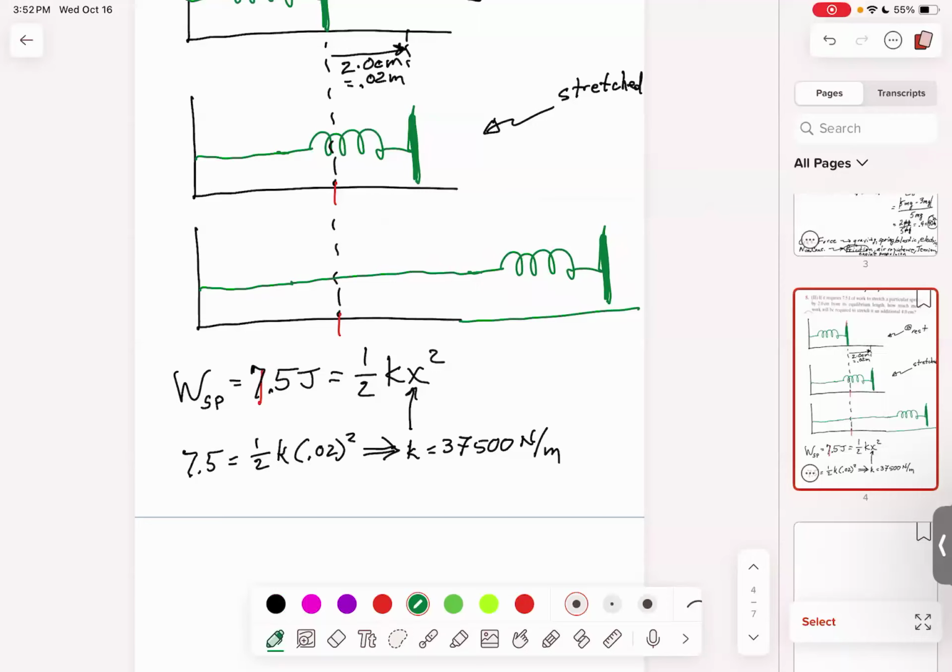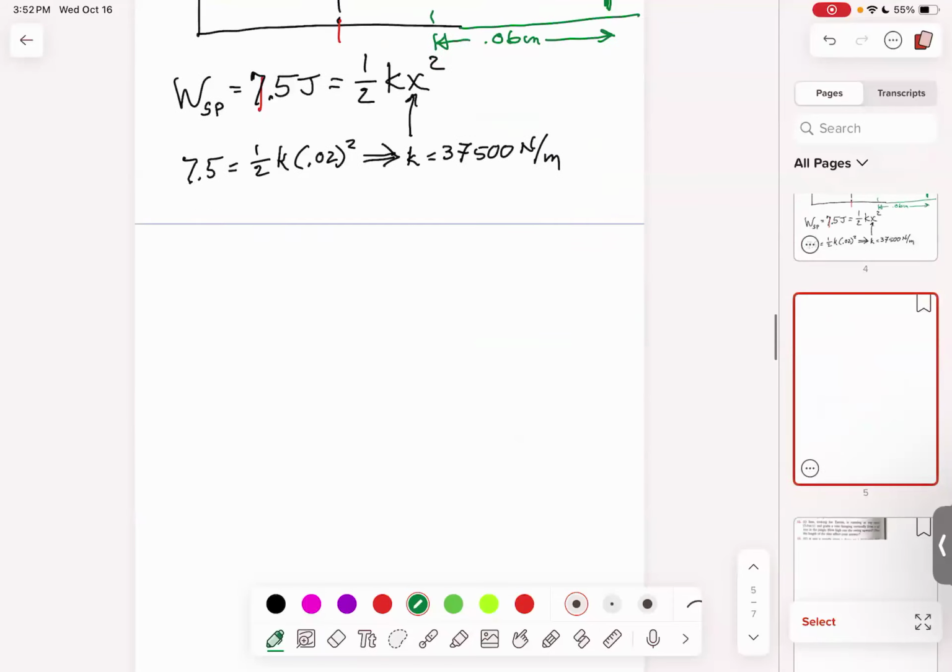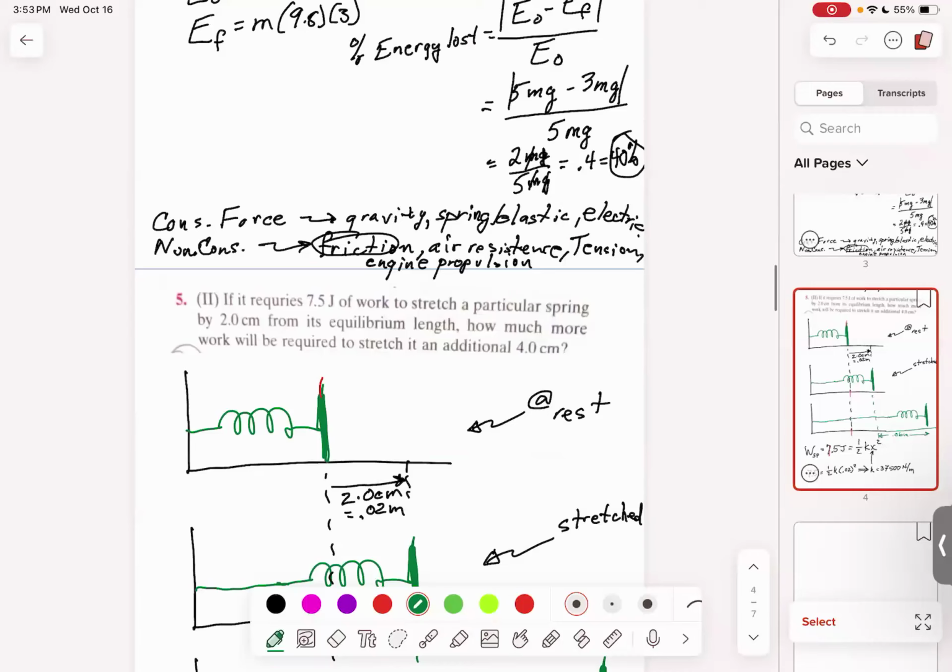So now we're going to move it from this point 0.06 meters from here. So let's see what it takes here. Let me make sure I read that right. So how much more? I'm sorry.